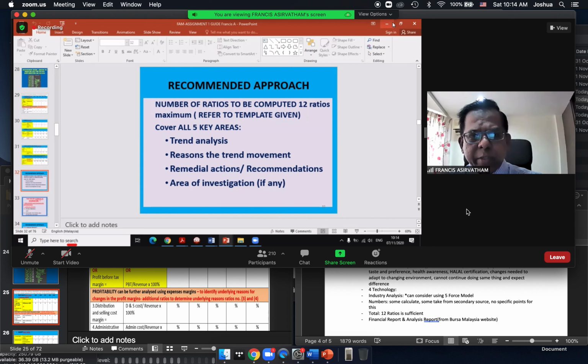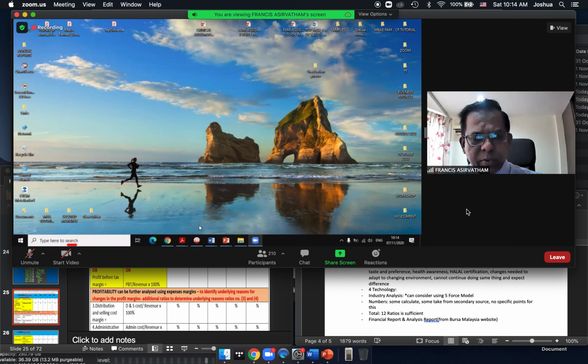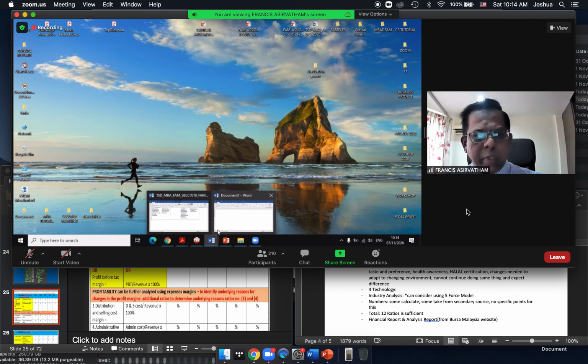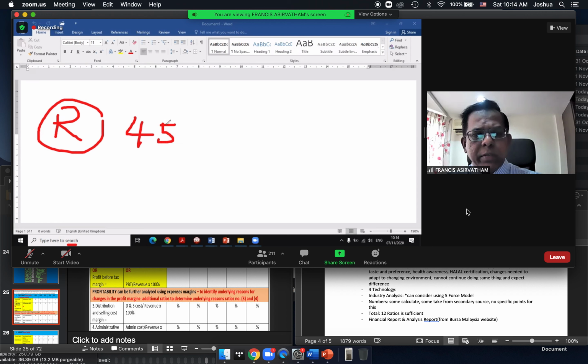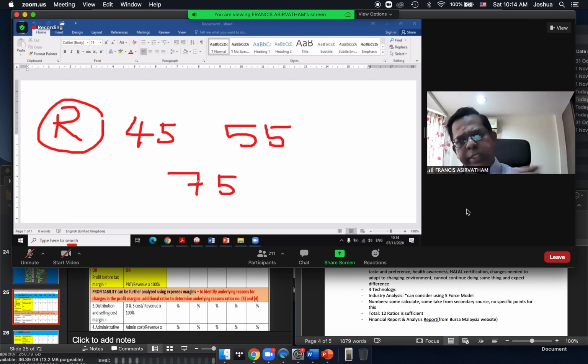So sometimes I see when we calculate the ratios, we see alarming ratios. Let's say receivable days, account receivable. Receivable days is 45 days, 55 days, 75 days. Right? Do we see something in these numbers?